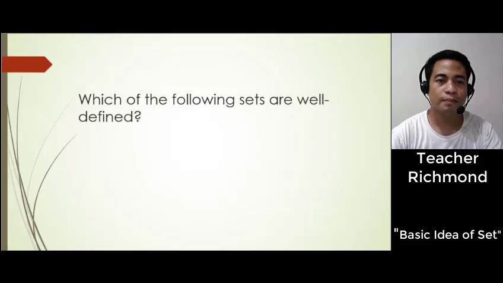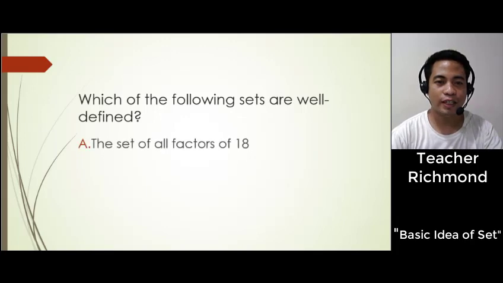So example, which of the following sets are well-defined? The first one, the set of all factors of 18. Is it well-defined? Yes, it is well-defined, because you can identify specifically all the factors of 18.